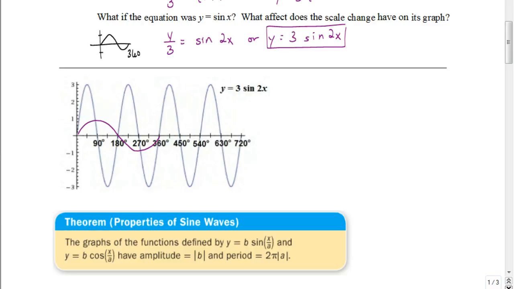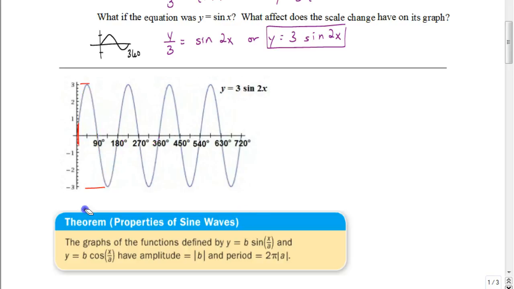But this graph has been shrunk horizontally to be 1/2 the size. So now instead of one cycle going from 0 to 360, it's now going from 0 to 180. And you can see that the graph, the maximum or minimum values now, instead of going between -1 and 1, they go between -3 and +3.